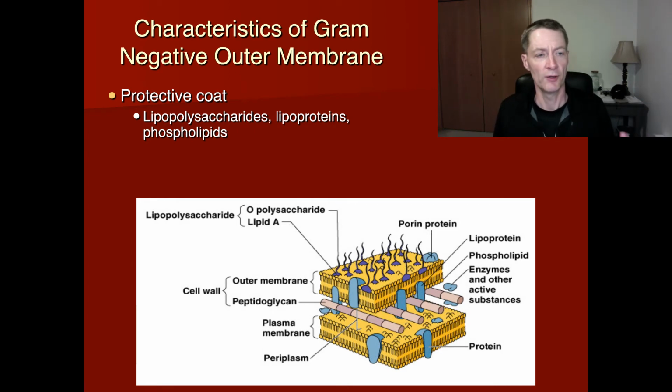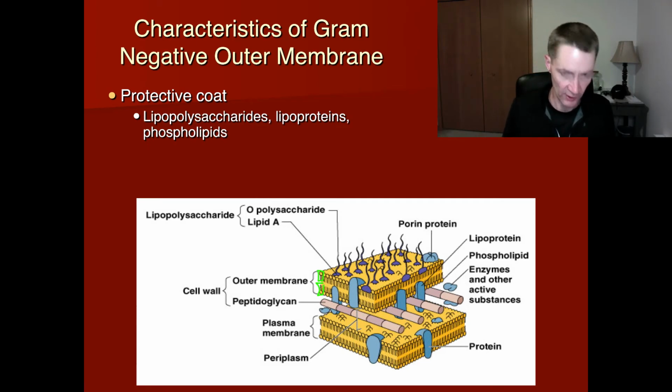So we have these fatty kind of sugar molecules, fatty kind of protein molecules, and of course phospholipids that we know exist in every membrane anyway, right? We have this bilayer of phospholipids. But one big thing that I want to really bring to your attention here is this lipopolysaccharide, okay?